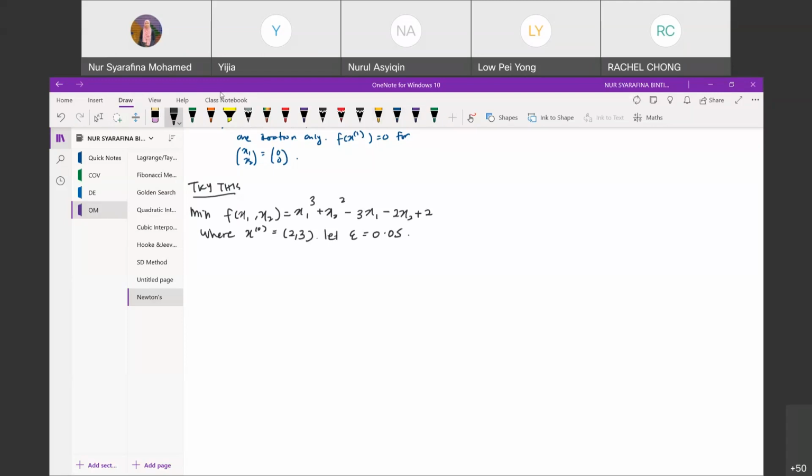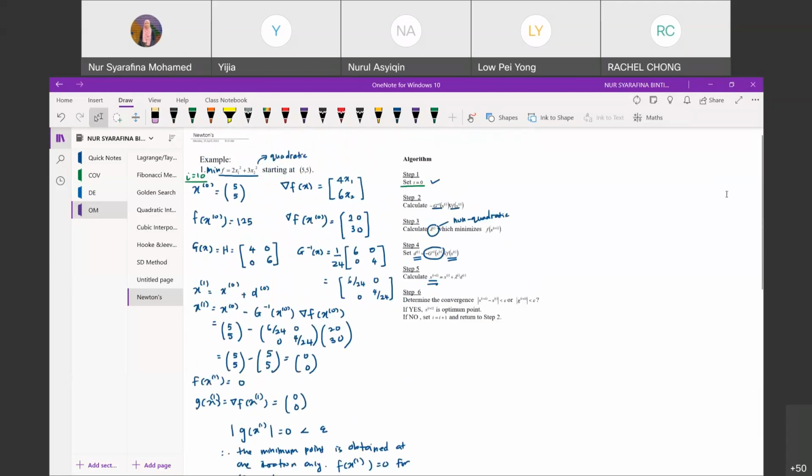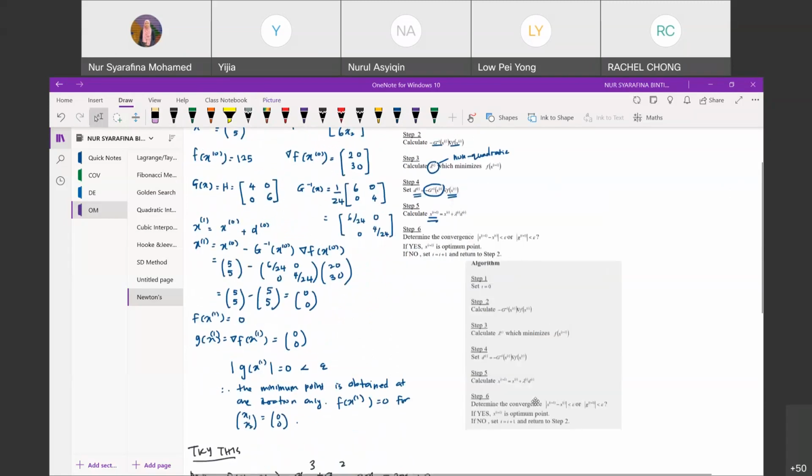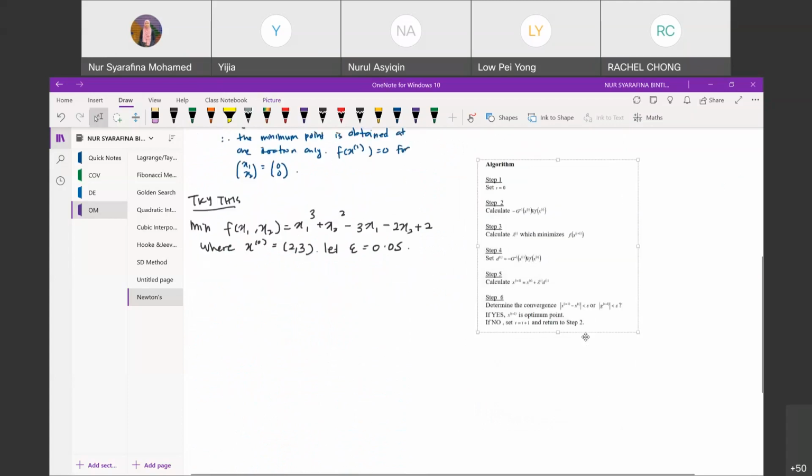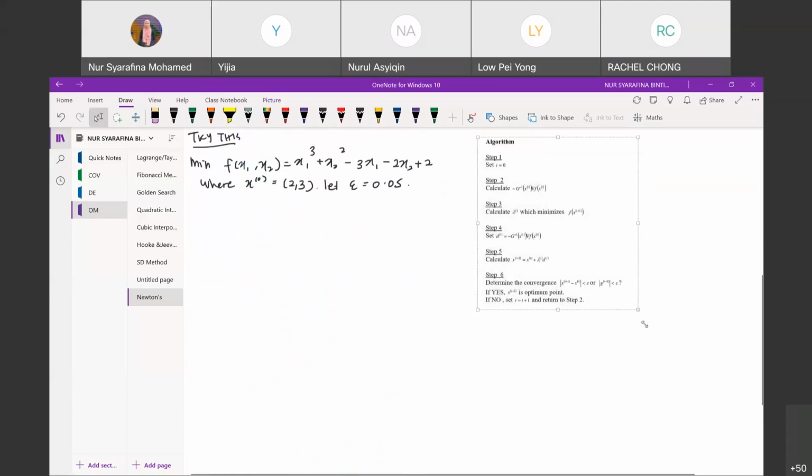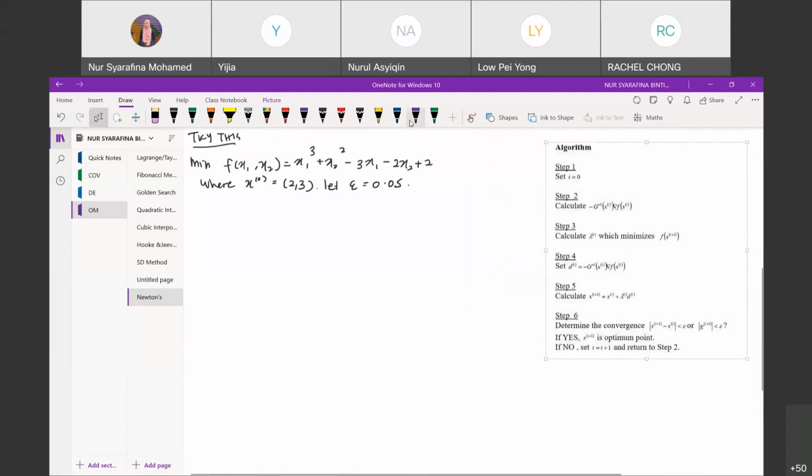Now let's start this method for a non-quadratic function. How can we do this? Of course, first you need to identify your x naught. So x naught is 3. And then f at x naught. What is f at x naught here? Just substitute, which gives you 7.